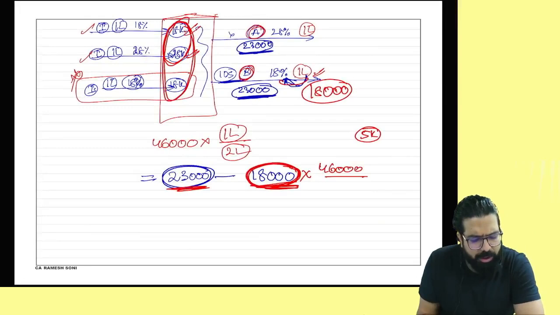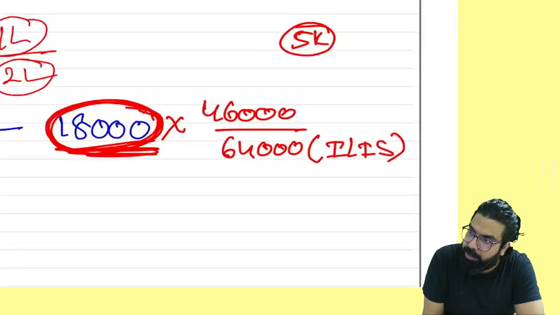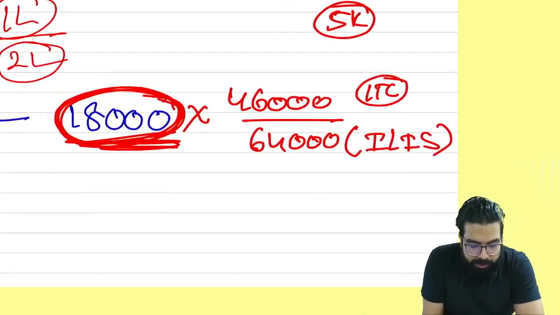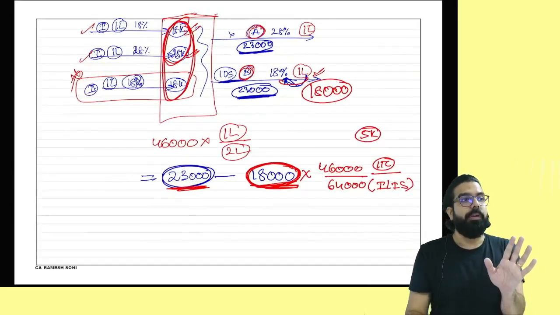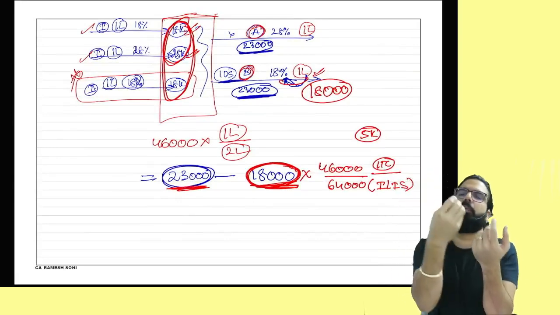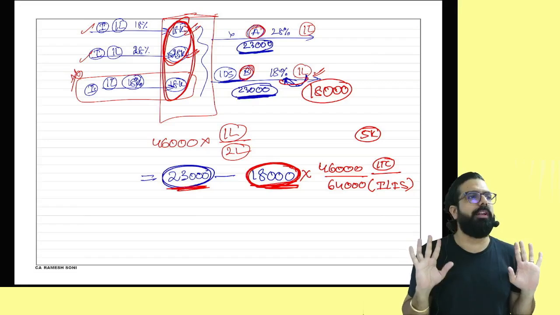How much is total? 60. Government is telling, I am assuming net ITC of input divided by input and input service. Means I will assume that you proportionately used your inputs credit and input services credit also. Government made only this change in the formula.